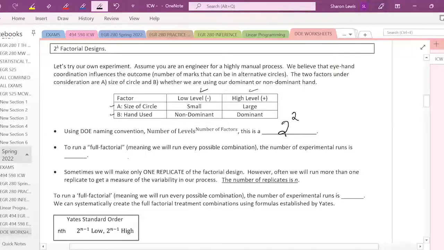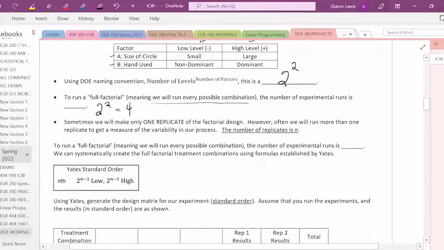To run a full factorial, meaning we will run every possible combination, the number of experimental runs is going to be 2 to the 2, or 4. Now, in industry that's not always the case, but we want to make more than one replicate of the factorial design. Sometimes we can only make one, but ideally we can make more than one, so we get a measure of the variability.